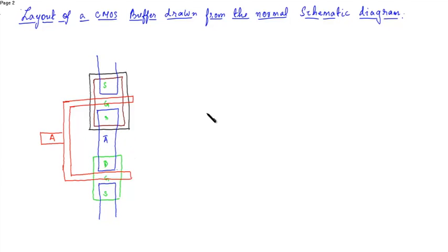Now next we have to draw the second inverter. This is the N well. Then the P diffusion.